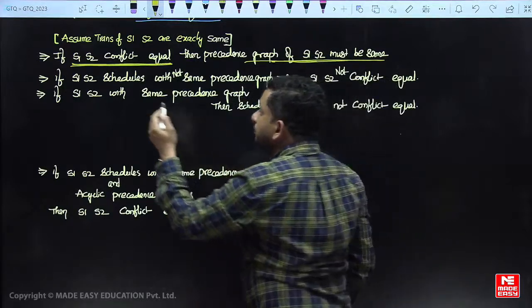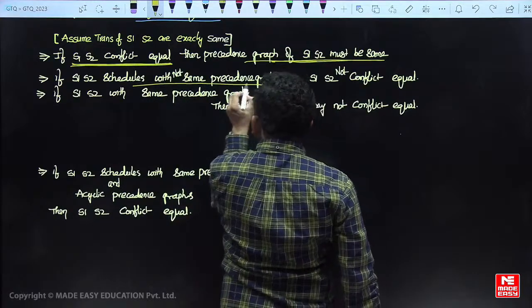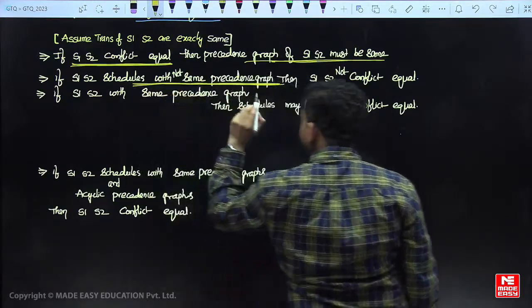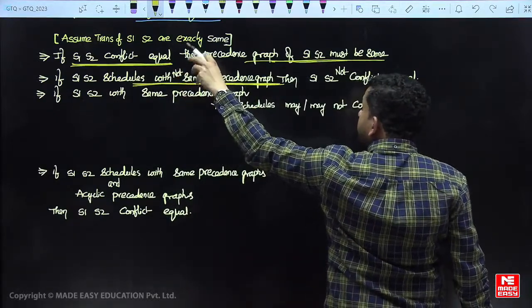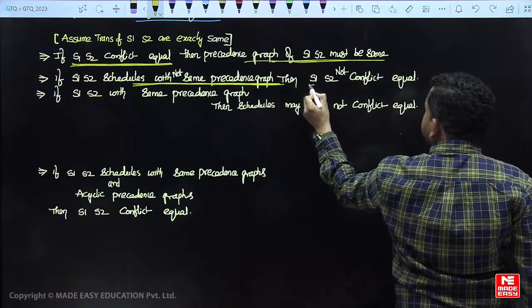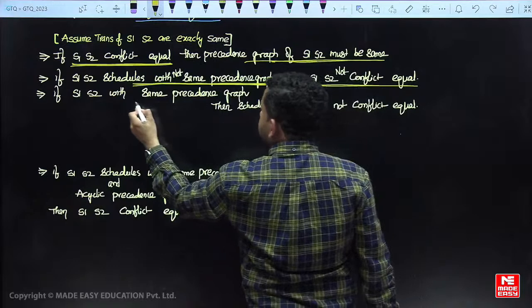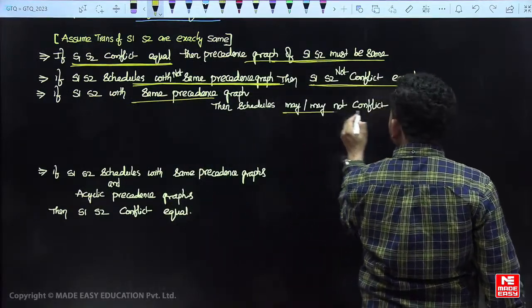Now if the schedules do not have the same precedence graph, for example some edge in the precedence graph is not equal, then the precedence graph is different, which means not conflict equal. But the same precedence graph need not be conflict equal.